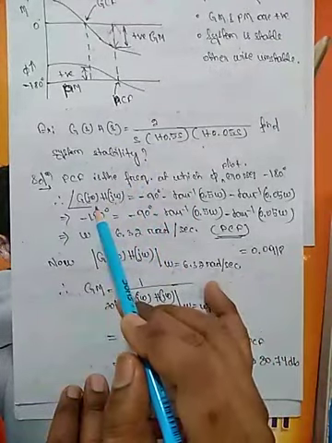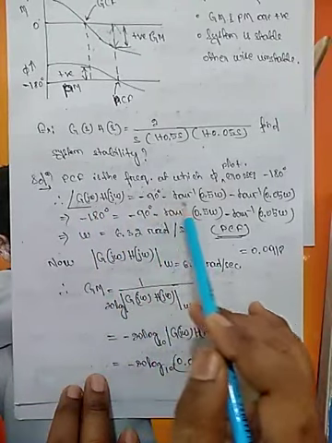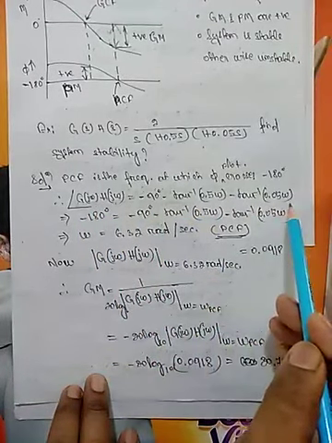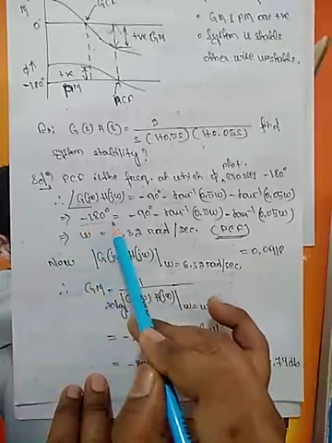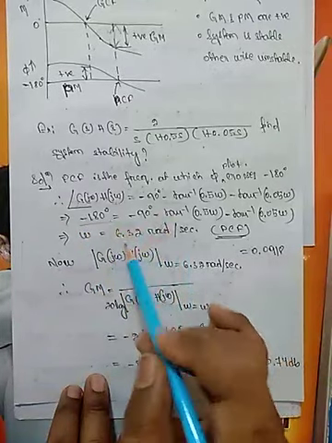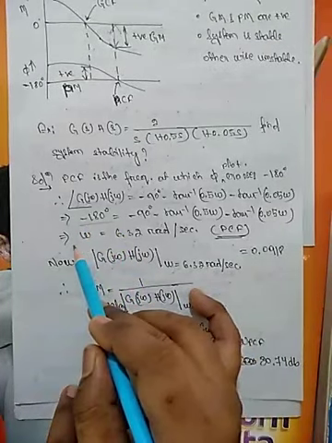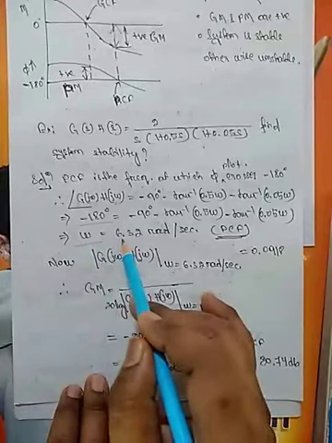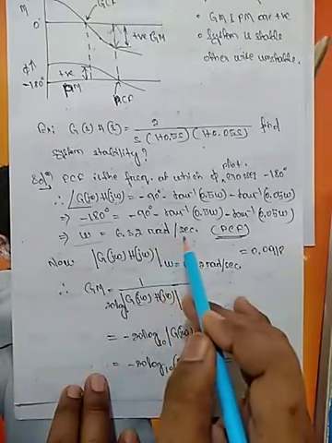After solving, you get the phase crossover frequency as 6.32 radian per second.